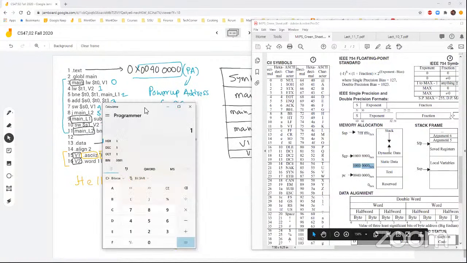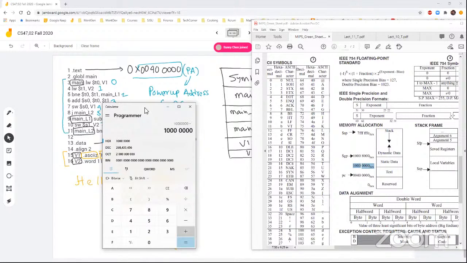So you have 1 0 0 0 0 0 0 0 plus 16, which in hex is 1 0 0 0 0 0 1 0. So that's how you basically go about the symbol table construction from a given program.